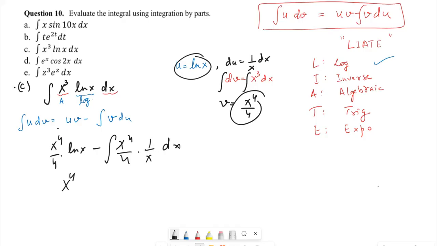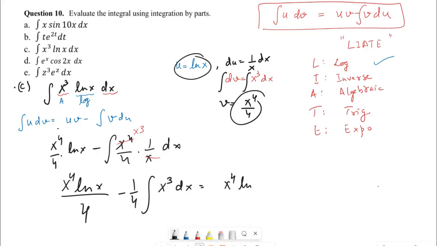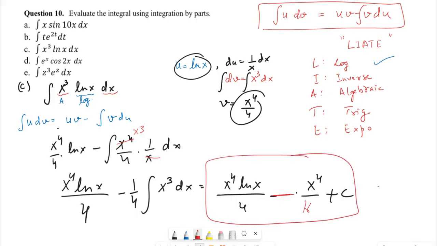Okay. x^4 natural log of x by 4 minus, this can cancel, is x cube. So integrating, 1 by 4 can pull out x cube. x^4 natural log of x by 4 minus 1 by 4 times x^4 by 4 plus c. This 4 times 4 can be written as 16 here. Everything else is good. This is your answer.